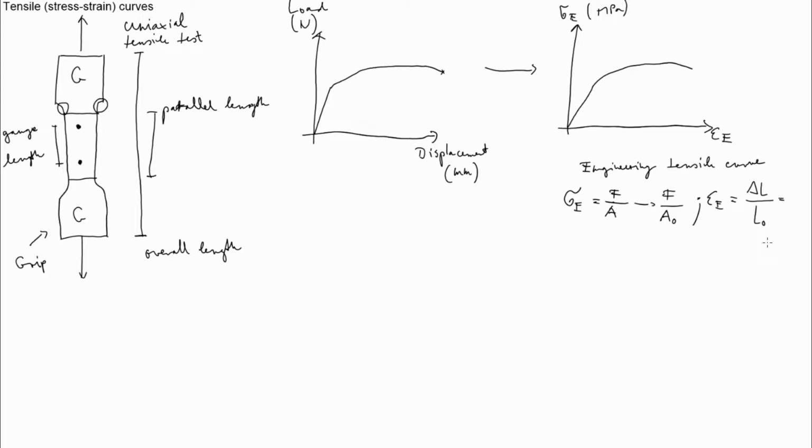And then if you have an extensometer, delta L comes from the precise measurement of the elongation. If you don't have anything, then you just get the displacement readings from the tensile testing machine. So these are the two important terms, engineering stress and engineering strain.